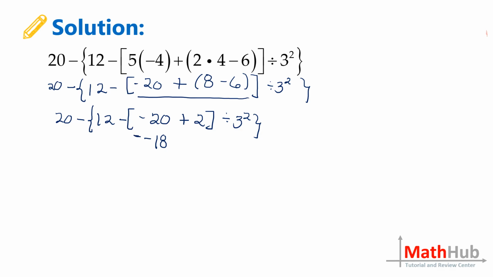I have a negative there. And then what's next? I have an exponent here. So divided by 9. So this actually becomes plus 18.